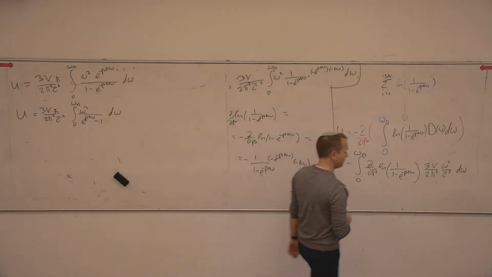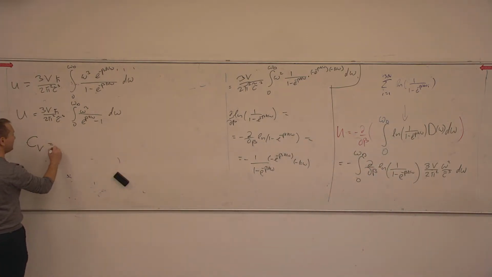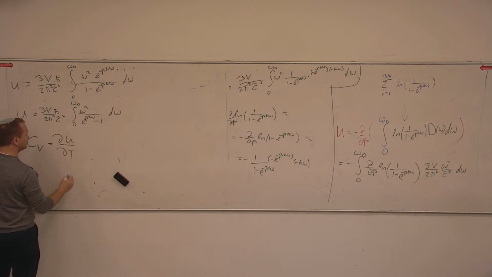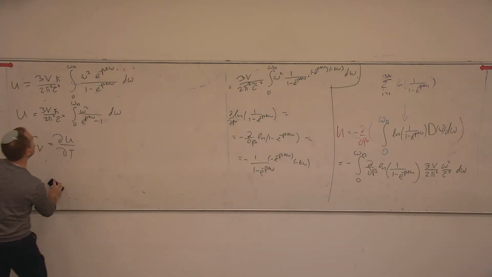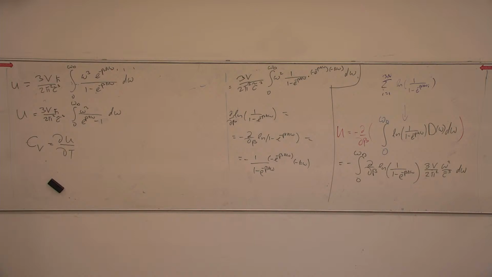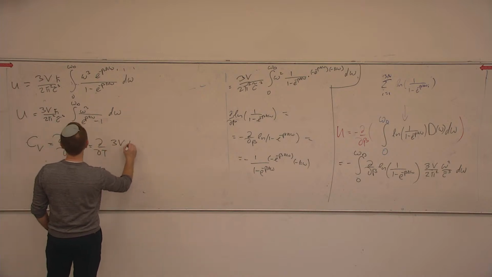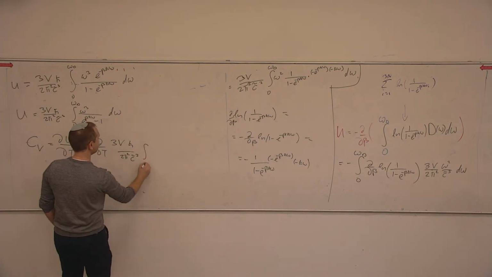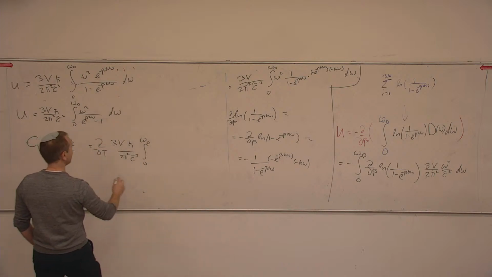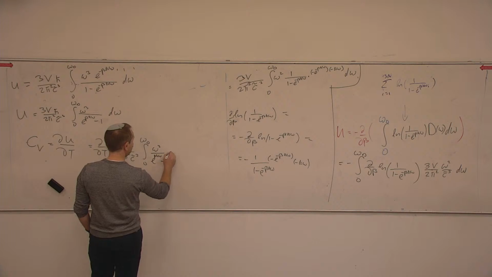Now, the last part is, we are interested in the specific heat, which is dU/dT. It's the derivative d/dT of whatever we have over here: 3V h bar over 2 pi squared c tilde to the third, an integral from 0 to omega_D of omega to the third power over e to the beta h bar omega minus 1, d omega.